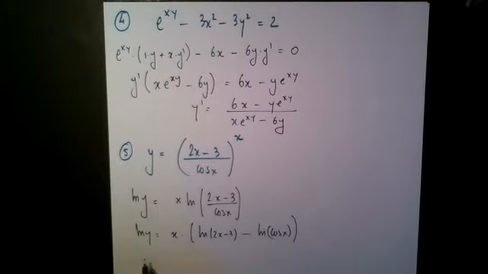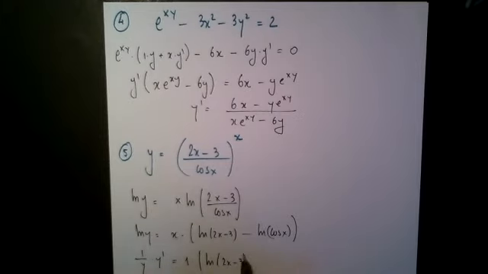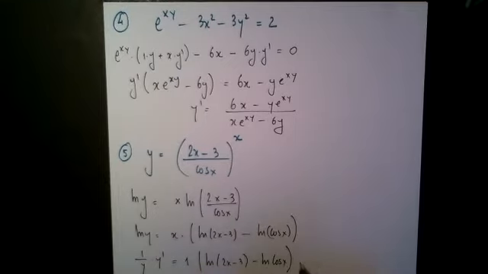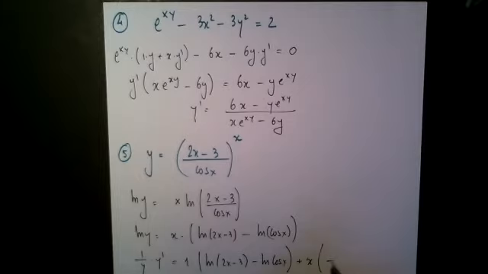And I'm going to differentiate both sides now. So 1 over y times y prime equals, and now don't forget here I have a product rule, x times all this. So it's 1 times all of this plus x times the derivative of this bracket, which will be 1 over 2x minus 3 times 2 minus 1 over cos x times negative sine.